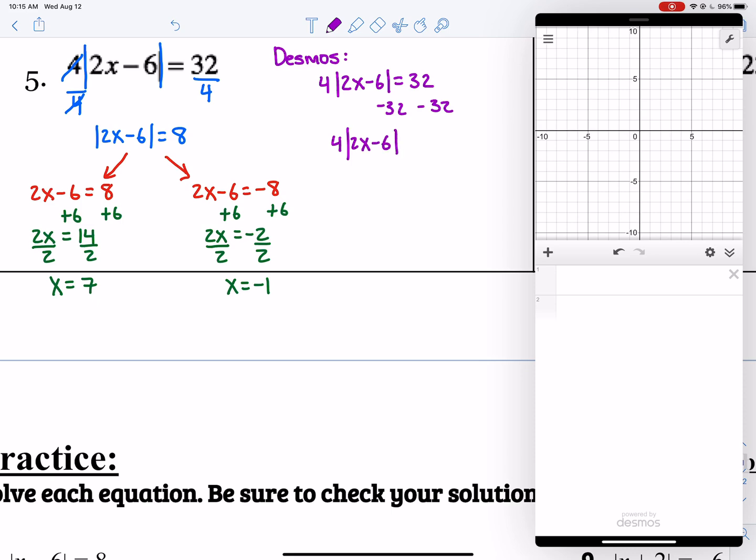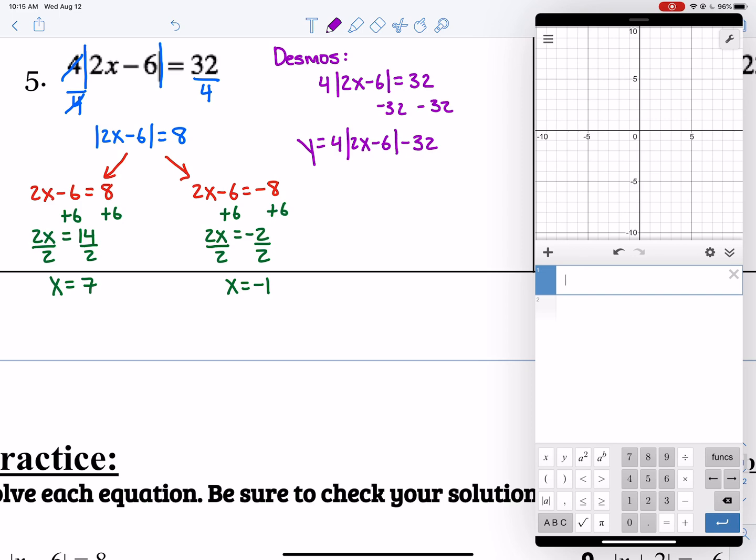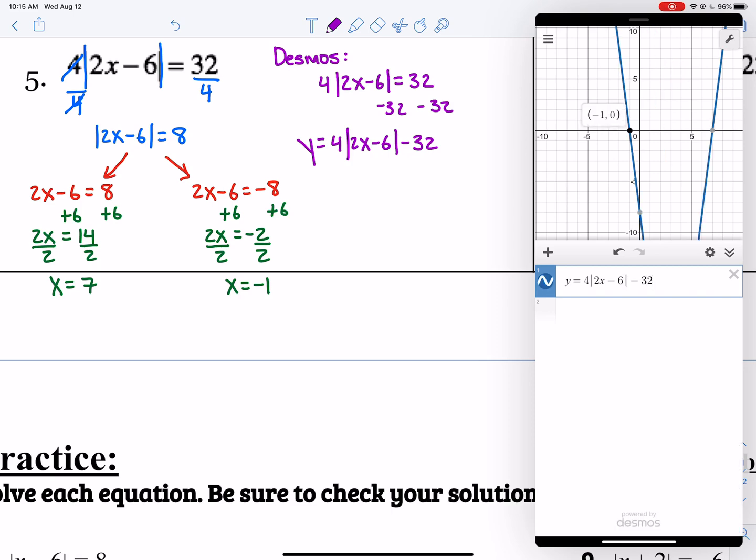So you get 4 times the absolute value of 2x minus 6 minus 32, and then put y equals out front so that it's a function. So we have 4 absolute value of 2x minus 6 minus 32. And we click the x-axis and we can tell that our work did match Desmos. So we have x equals negative 1 and 7.